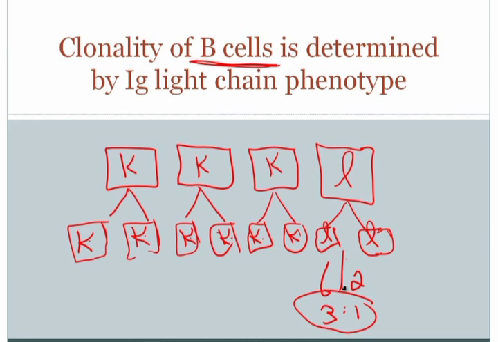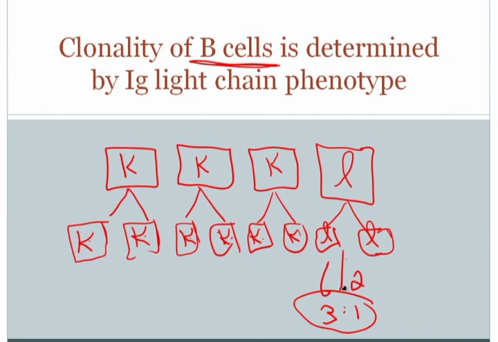And again, that's because the proliferation in hyperplasia is polyclonal. And so one of the key features of a polyclonal proliferation is that the kappa to lambda ratio of immunoglobulin light chain would remain 3:1.